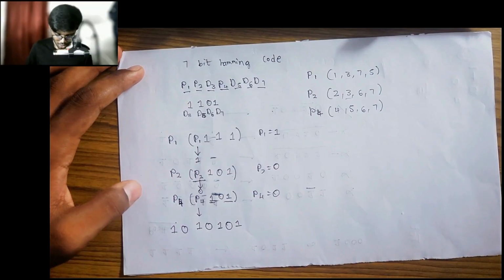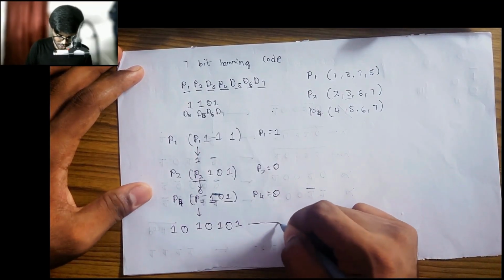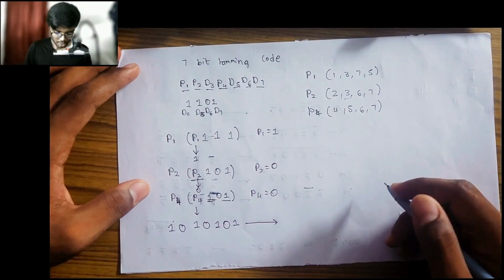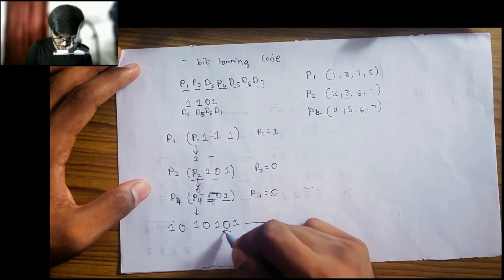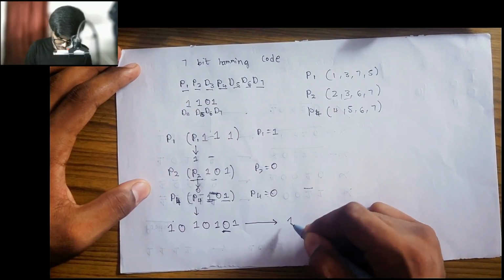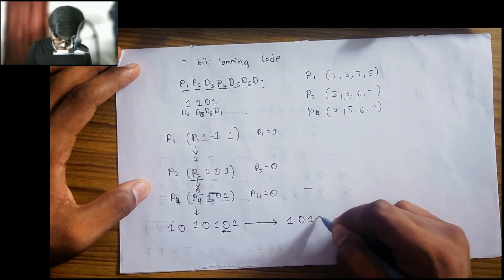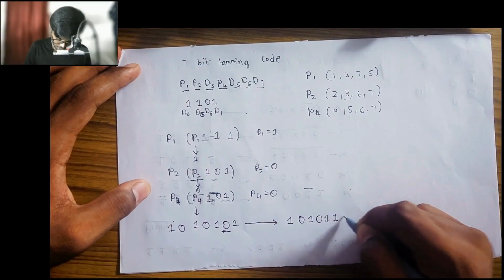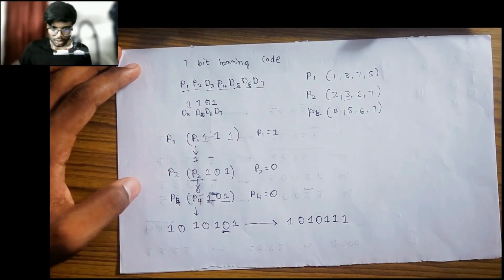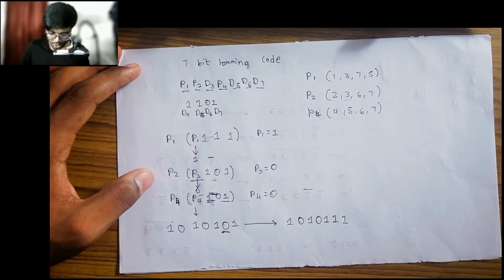Okay. Now let us say this code is transmitted and there is some error. Let us say this bit has changed: 1 0 1 0 1 1 1. Now again at the receiver it checks.